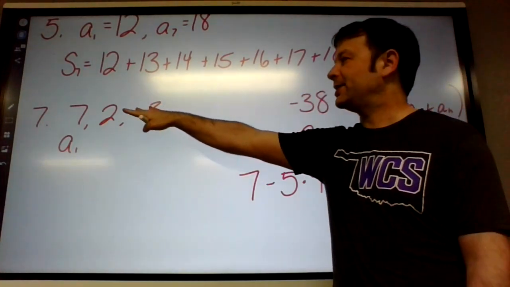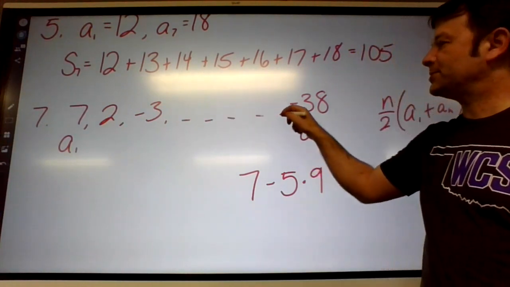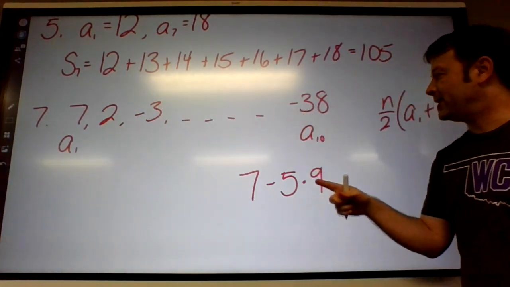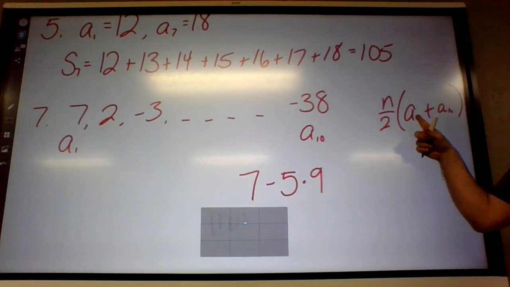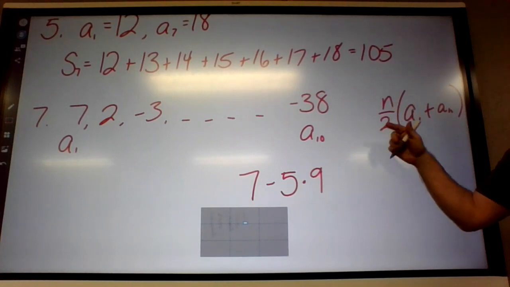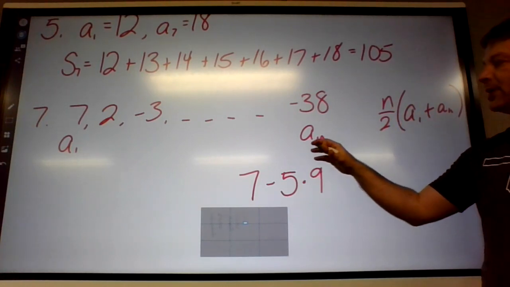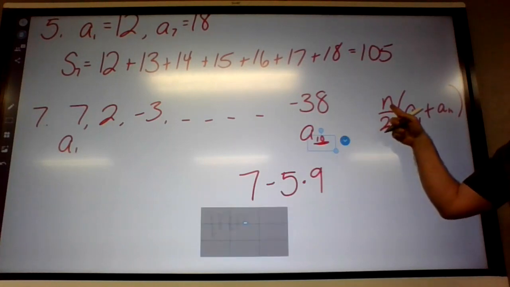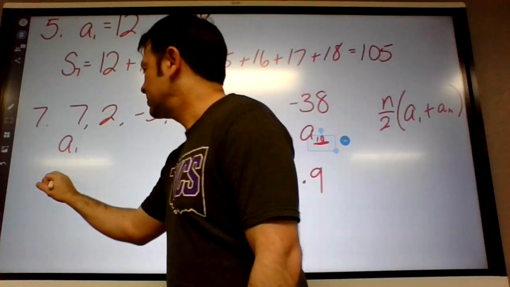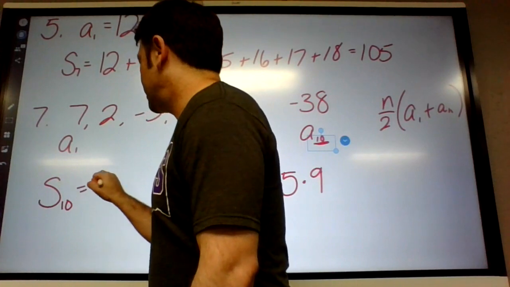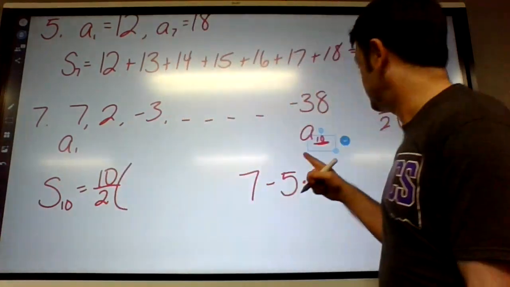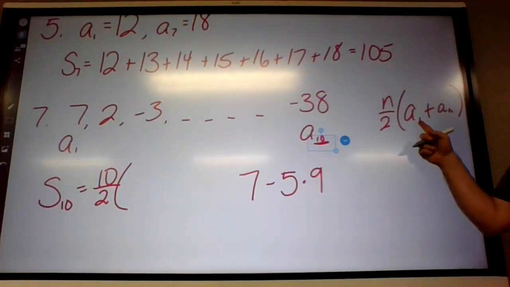Okay, so instead of actually adding all these, I didn't even figure out what these are, but instead of actually adding them, I'm going to use this formula. What does n stand for? N stands for the number of terms that we're adding. So in this case, that would be 10. So it's 10 over 2. What does a sub 1 stand for?